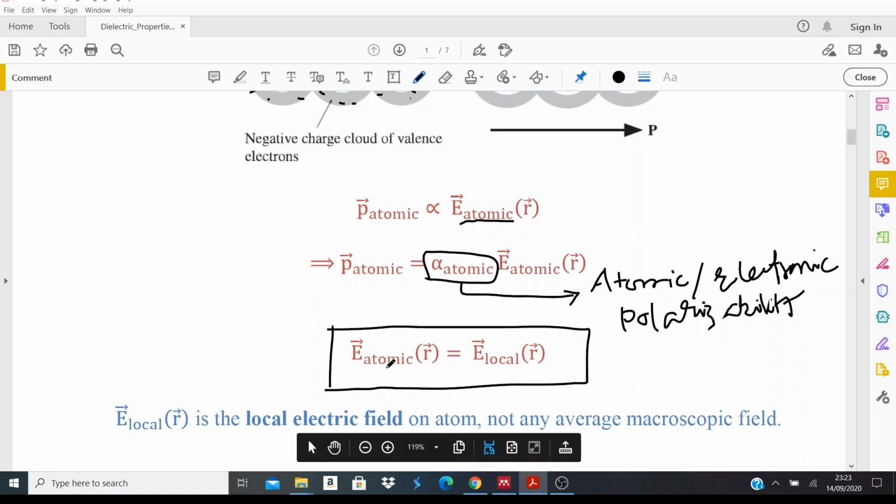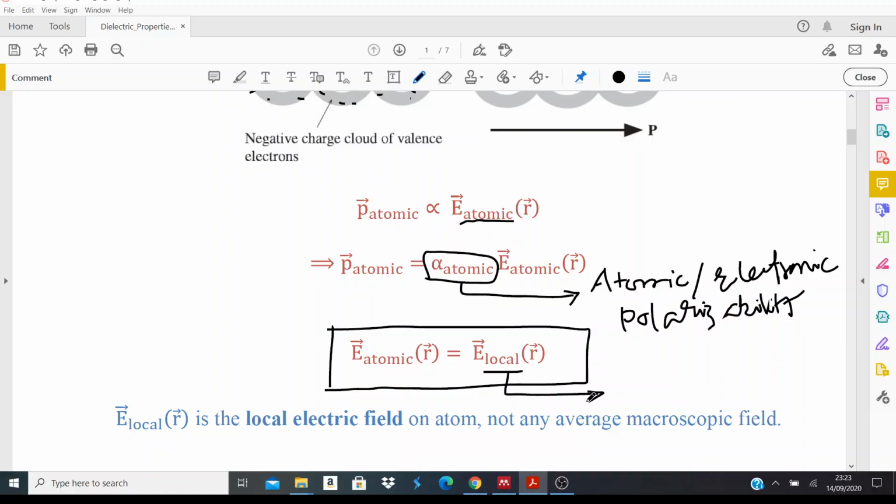And I really want to emphasize this fact that this electric field which is acting on a single atom, not in a macroscopic space but rather a microscopic electric field, is known as the local electric field. The term local is widely used in the study of insulating material or dielectric behavior. When you open any standard textbook, you will see they are talking about some local electric field.